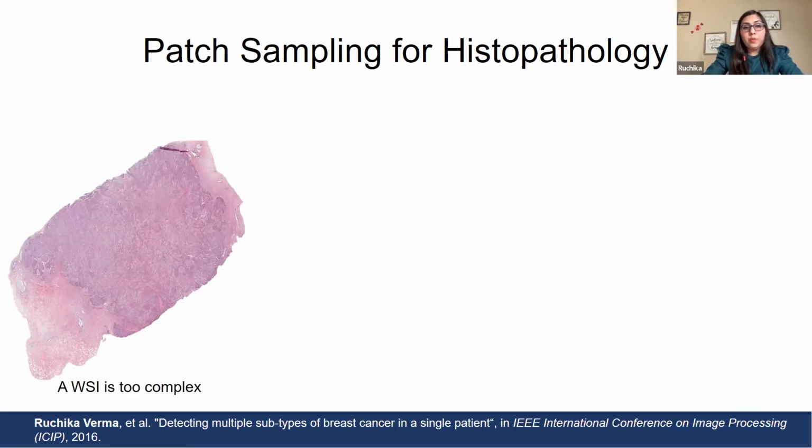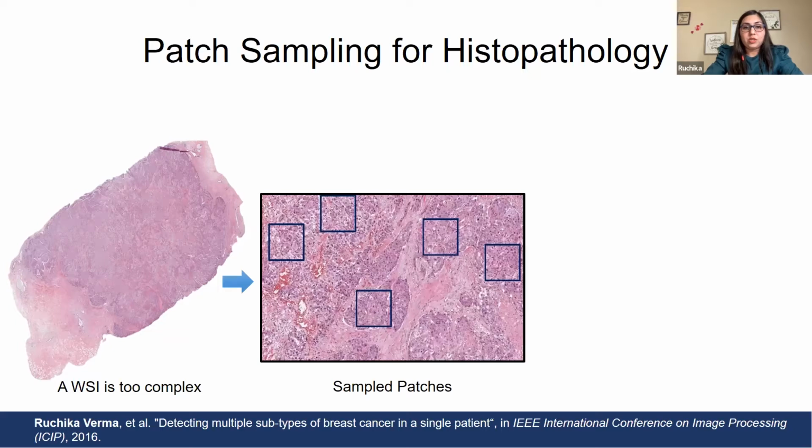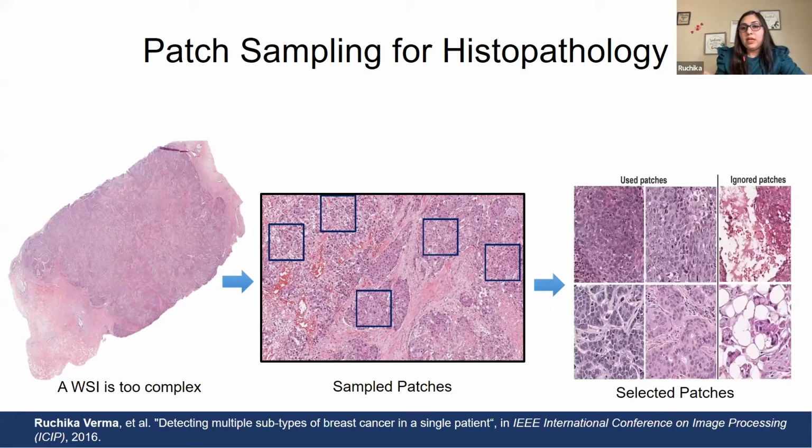So to build a model using H&E stain images, we sampled patches from the tumor, and these patches were sampled randomly because these H&E stain images were too big in size, and we can't keep this data as an input directly into the model. So there was a need to sample patches, and then we discarded those patches where we saw higher concentration or higher area of adipose tissue or background.